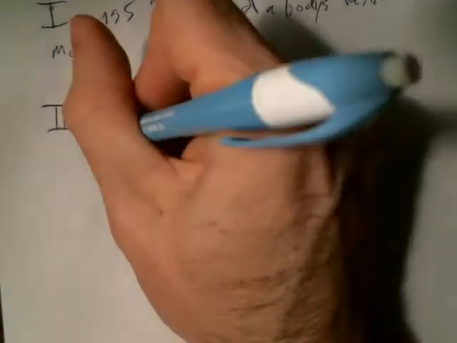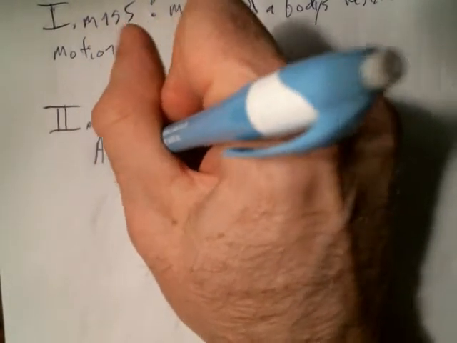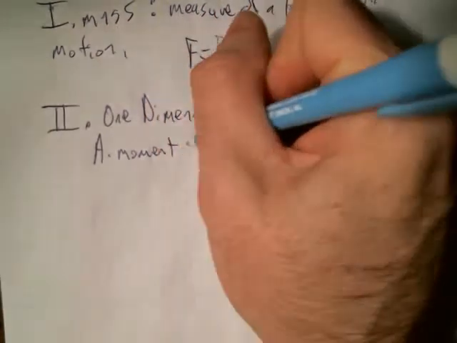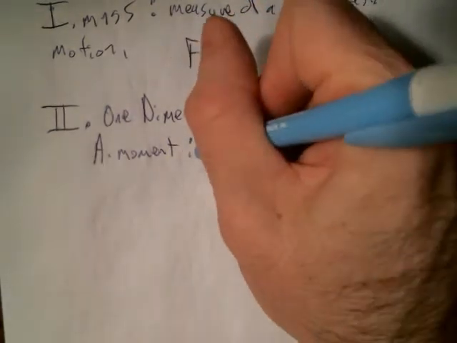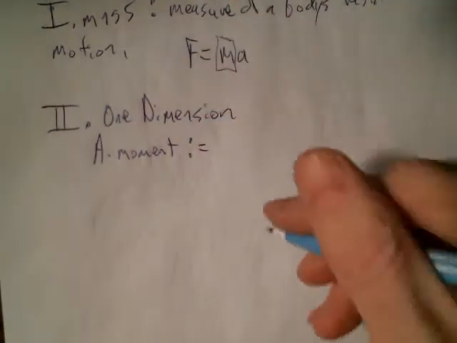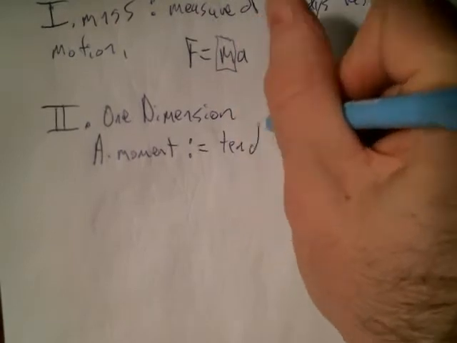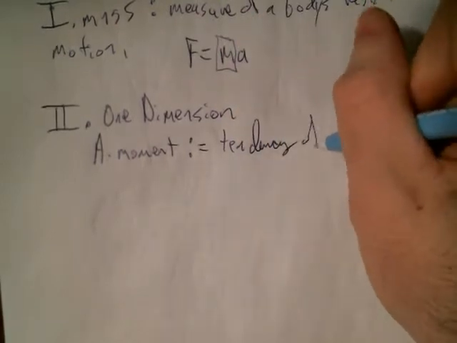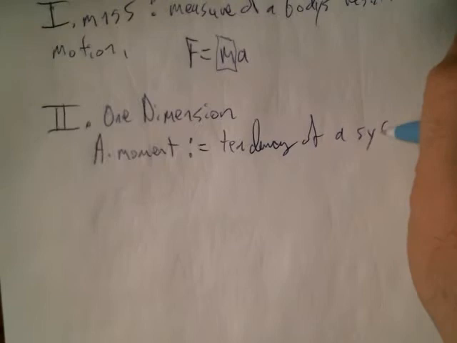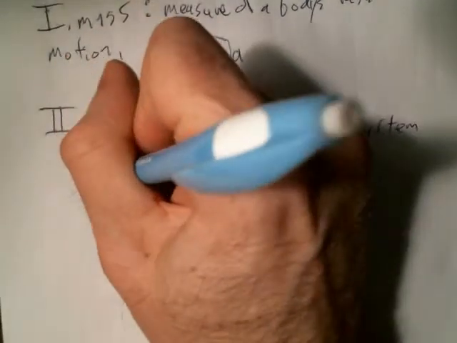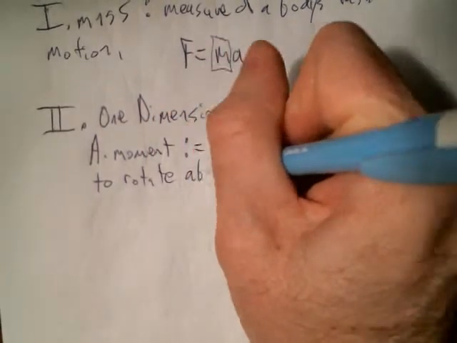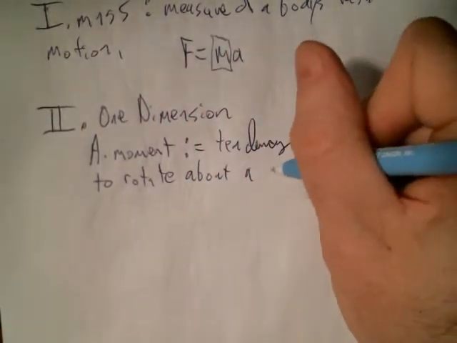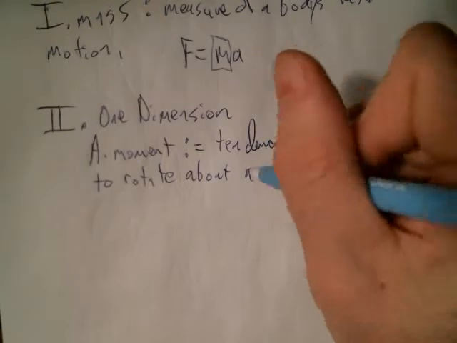And first, what is a moment? A moment, in particular about some origin, is the tendency of a system to rotate about a particular point, in this case the origin.